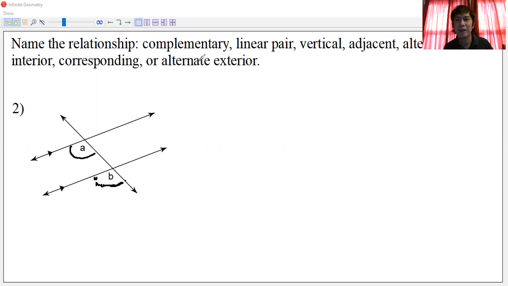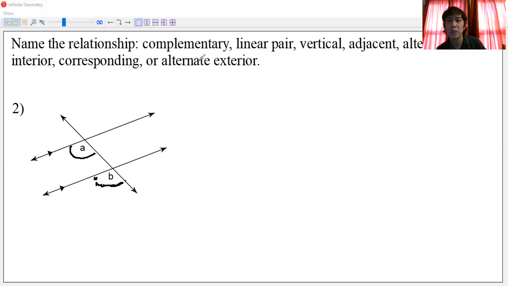corresponding angles, okay? Corresponding. And the definition of a corresponding angle pair is one interior and one exterior, okay? This angle is bounded by the two lines, so it is interior. And then the angle B is outside the two lines, and that is the exterior.